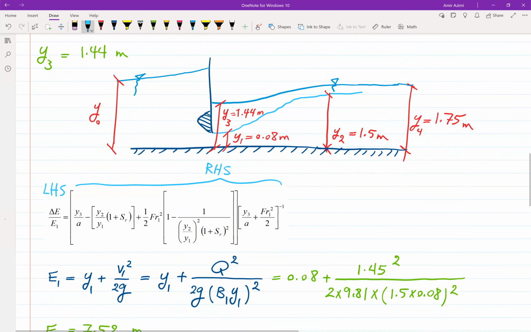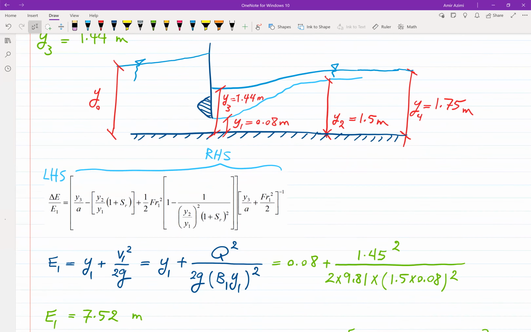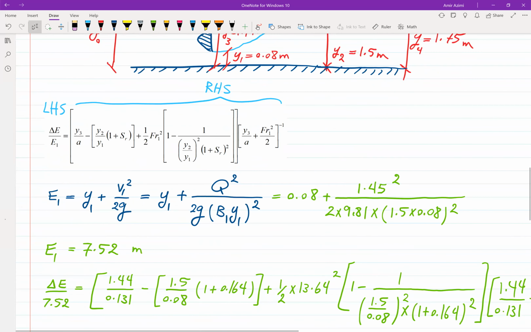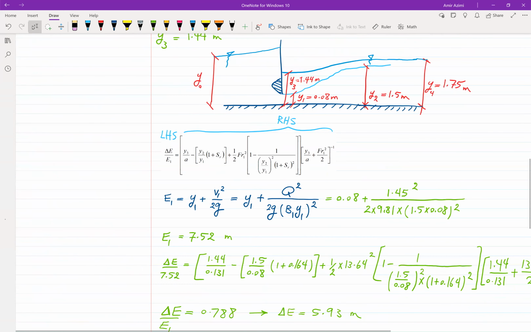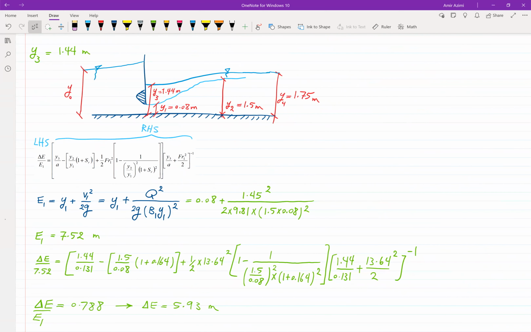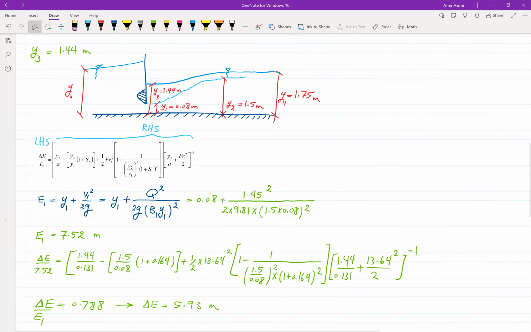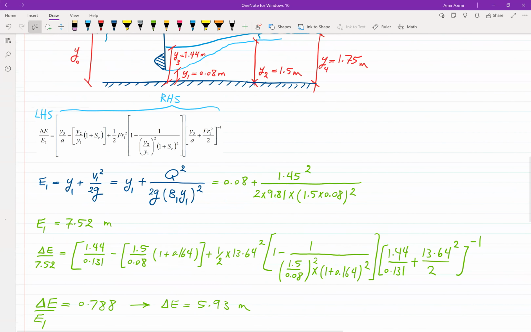We calculate E1, which is 7.52. So delta E divided by 7.52 is equal to, and then I put in all the values. If you put that in Excel, or do the calculation step by step, you can have step number 1, part number 2, and part number 3.